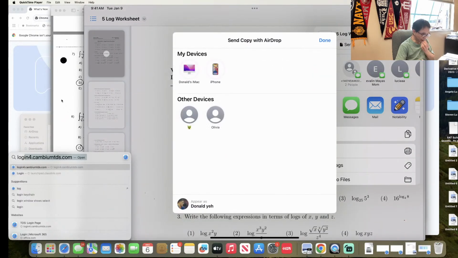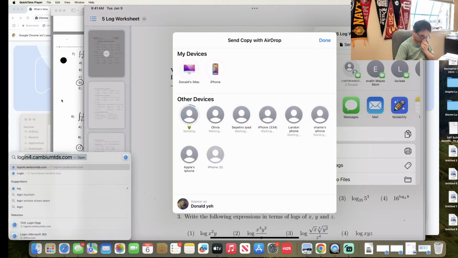So if you turn on your airdrop, I can airdrop to you. It's actually taking forever.